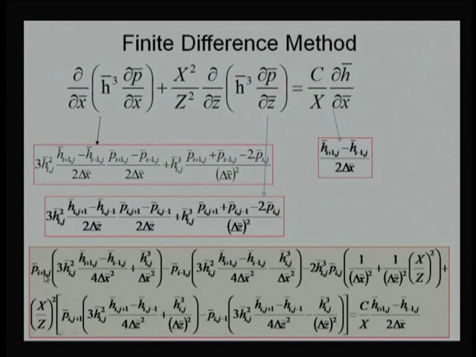You can see the p I plus 1 j term, p I minus 1 j term, p I j term, p I j plus 1 term, p I j minus 1 term. They have been separated out, and in brackets we are writing in terms of only the complete node, it is not a half node. The way we did it in hydrodynamic lubrication was a half node, while in this case we are writing complete terms. Complete nodes are I plus 1, I minus 1, I j, and similarly j plus 1, j minus 1, there is no half term.